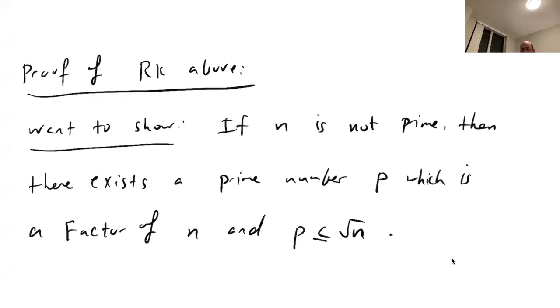So we want to show that if n is not prime, then there exists a prime number P, which is a factor of n, and P is less than or equal to root n. That's what the remark says, right? In other words, if there is no prime less than root n which is a factor of n, then the number has to be prime, right?